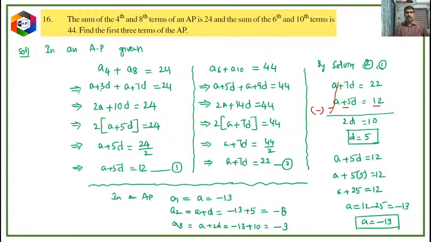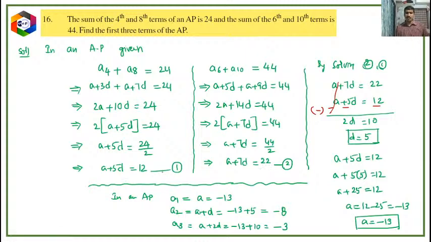Once again, here A4 plus A8 is given. A4 is A plus 3D and A8 is A plus 7D. Upon adding, we got one equation, that is A plus 5D equal to 12, and one more piece of information was given: A6 plus A10 is equal to 44. Now A plus 5D plus A plus 9D equal to 44. By adding that, A plus 7D is equal to 22.